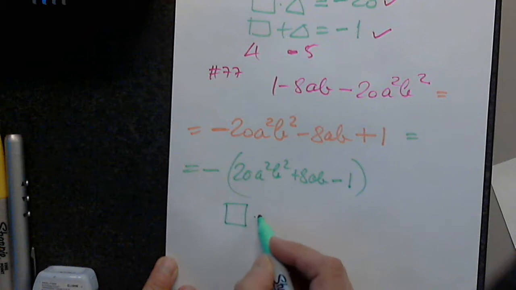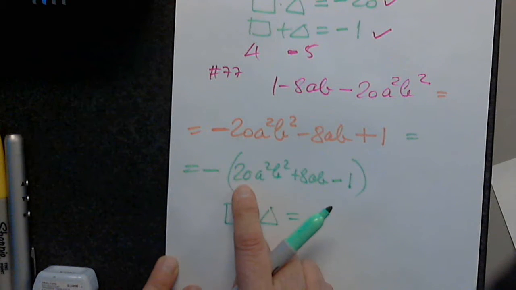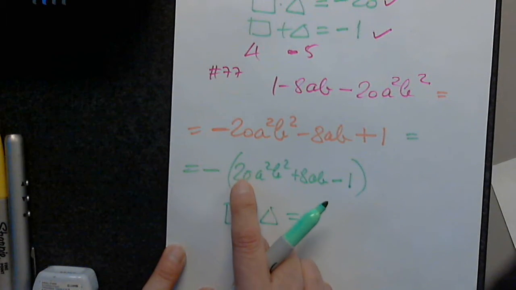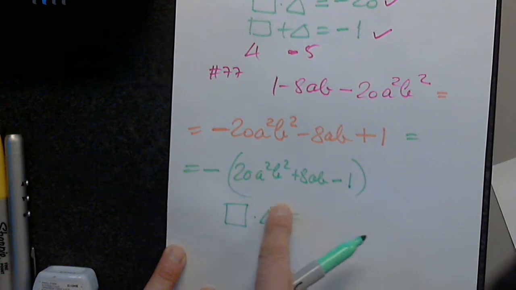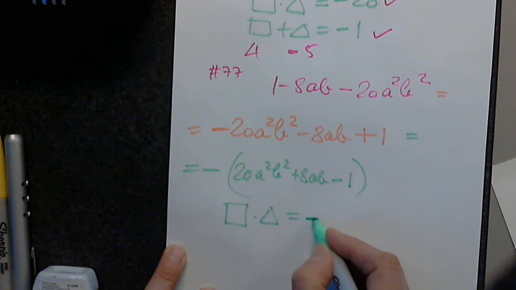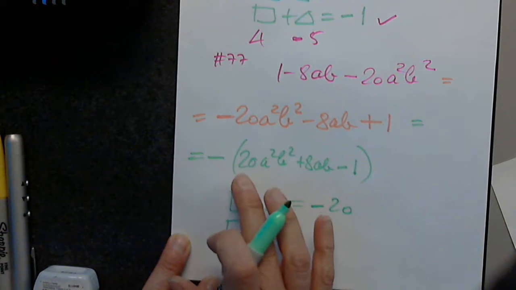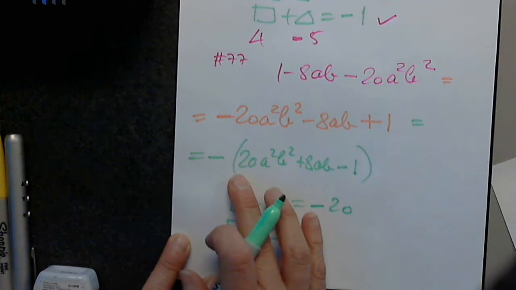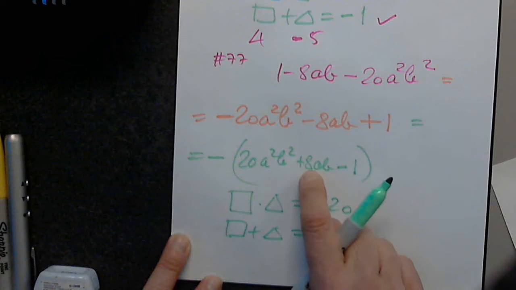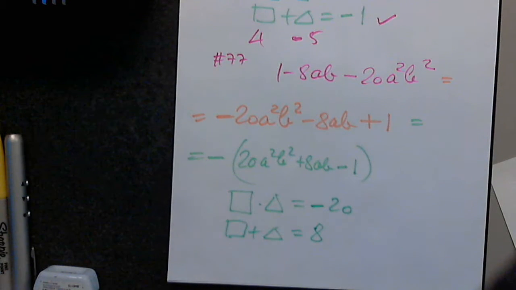So in this case, because the leading coefficient is not 1, it will be incorporated in the product, not in the sum. So this is negative 20, and the sum never changes no matter what the leading coefficient is, 1 or otherwise. The sum never changes. Positive 8. Again, I start with the product. The product is negative.